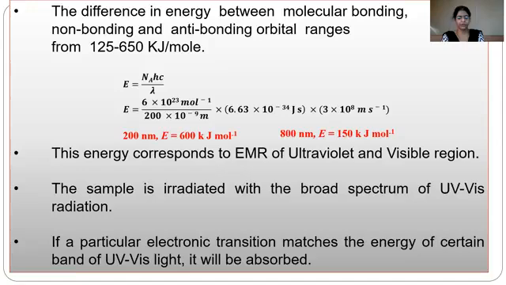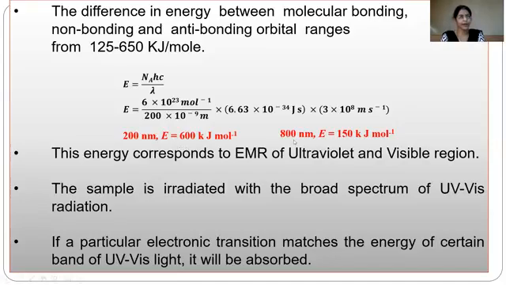The anti-bonding orbitals are high energy orbitals. The energy difference between these orbitals is from 125 to 650 kilojoule per mole. That means for electronic excitation, we require energy between 125 to 650 kilojoule per mole. Here you can see the energy for 200 nanometer, where the normal UV range starts, is 600 kilojoule per mole.